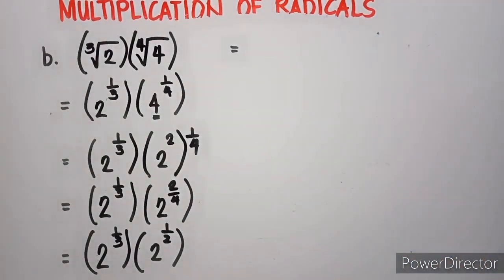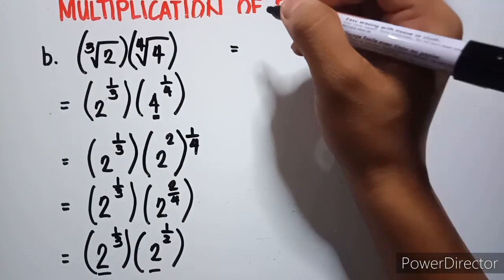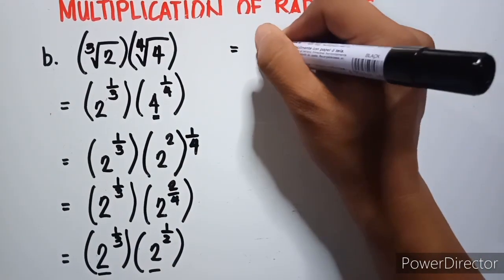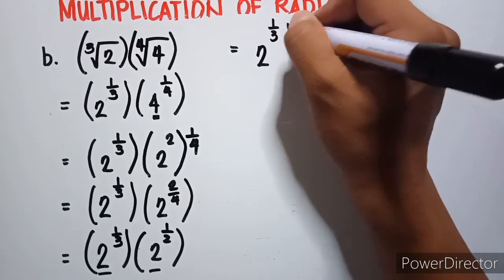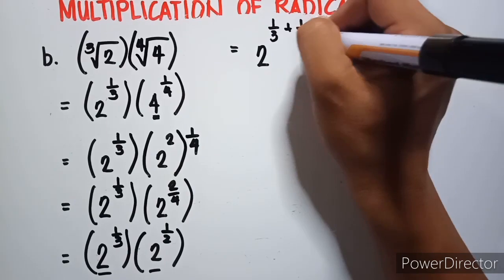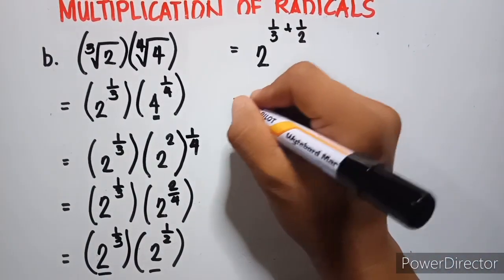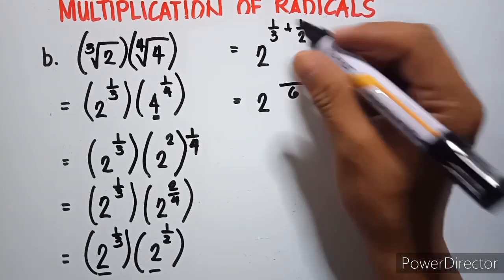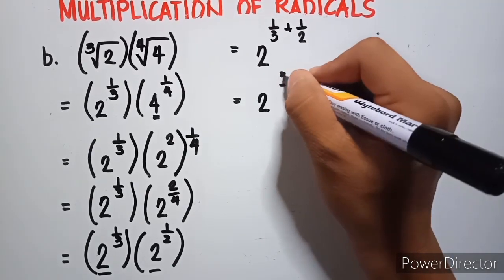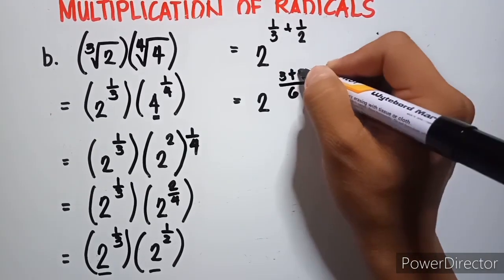Since we have similar base, we can apply laws of exponents. So that will become 2 raised to 1/3 plus 1/2. Okay? Then our LCD is 6. Cross multiply, we have 3 plus 2.